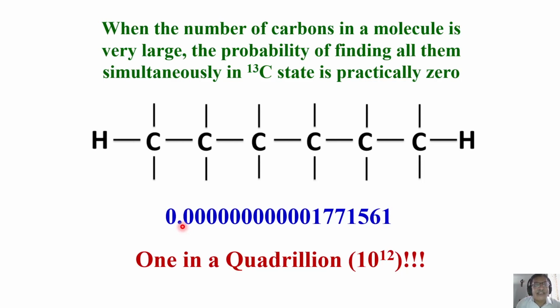Can we think of that in a realistic situation? Impossible. Very, very difficult or practically 0. So in a given molecule, all the carbons present at a time in the carbon 13 state is practically 0. You understand?